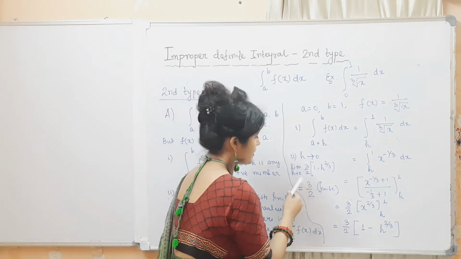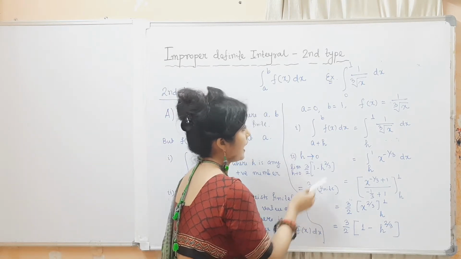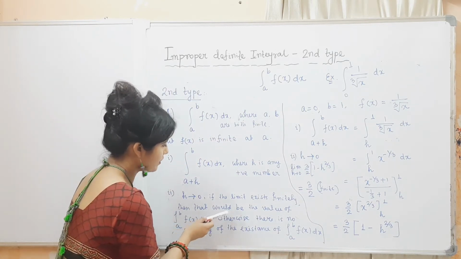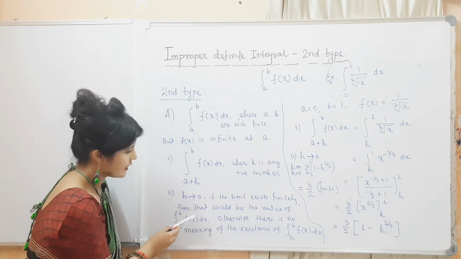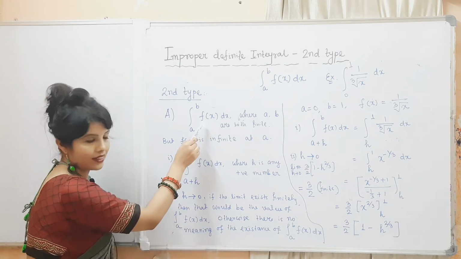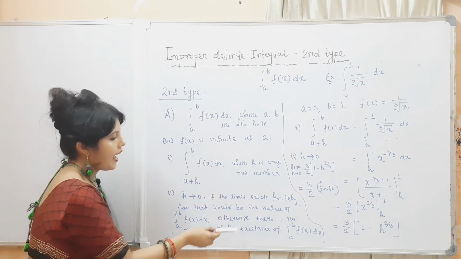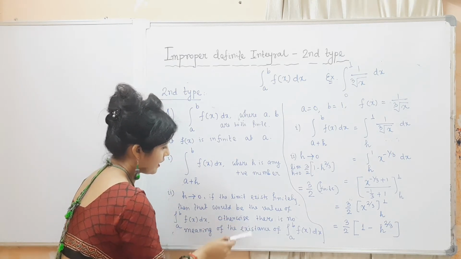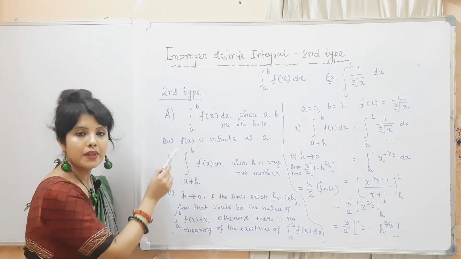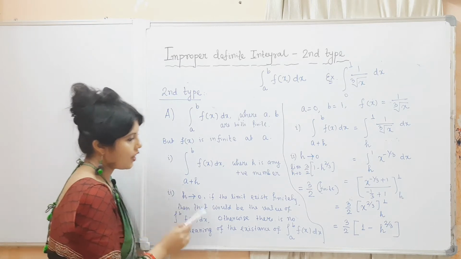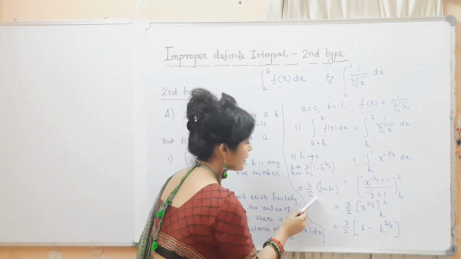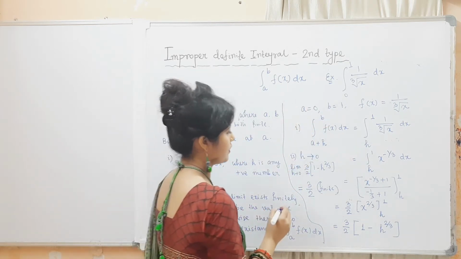So since the limiting value is finite, that would be the value of the integration, because in the statement I have already told you that if the limit exists finitely, then that would be the value of the given integration. And if the limiting value does not exist, then there is no meaning of the existence of the integration. Now here the limit is finite, so that would be the answer.